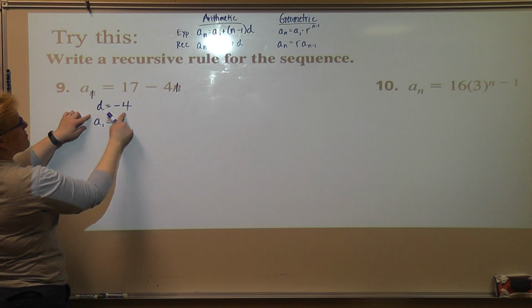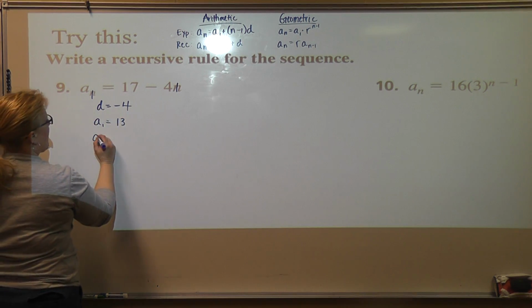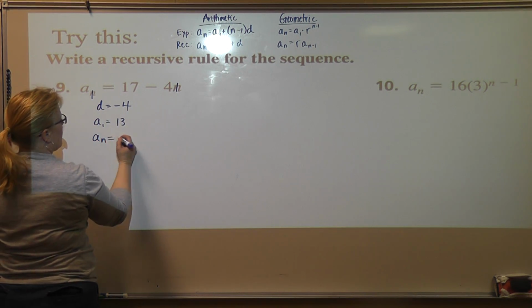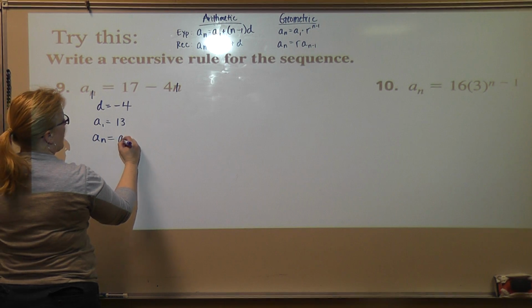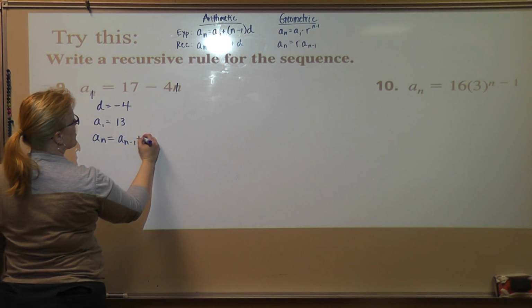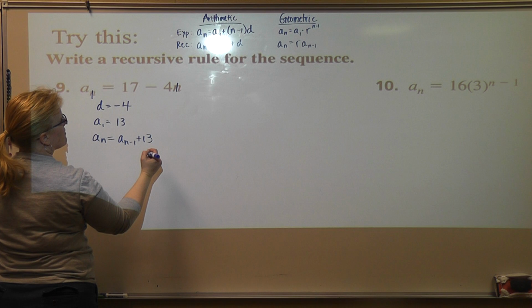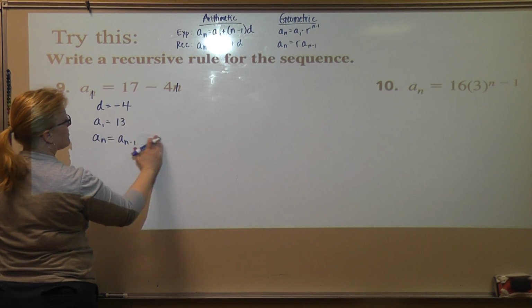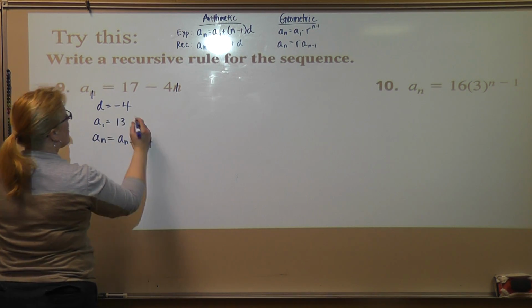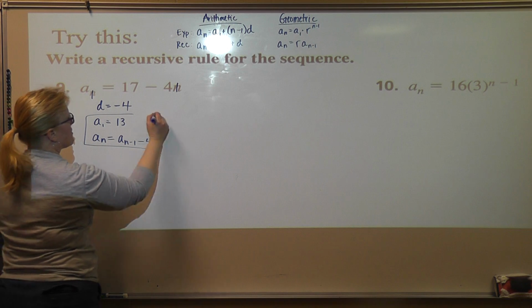Okay, so that becomes part of my answer. So I have a sub n equals a sub n minus 1 plus 13. I'm sorry, minus 4, because that's D. A1 is 13.